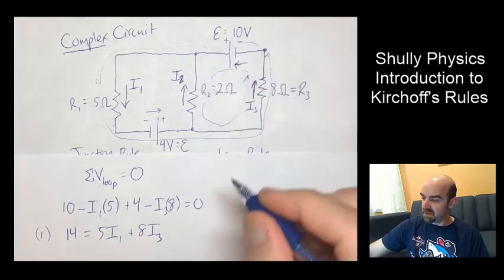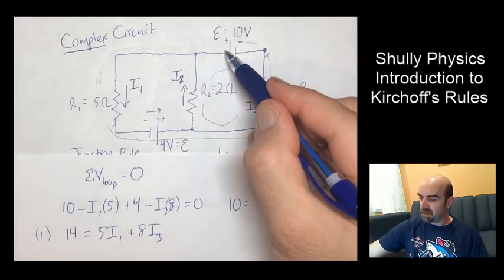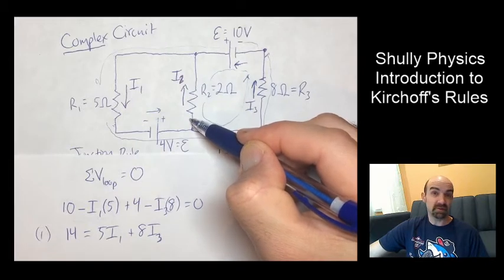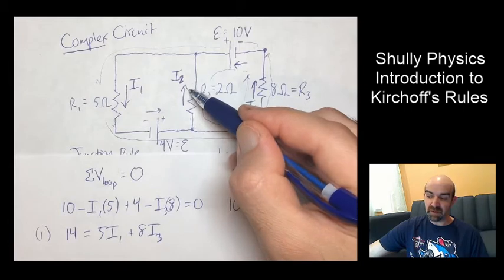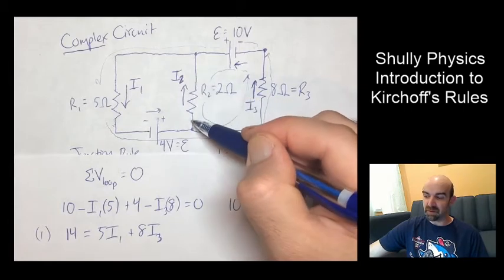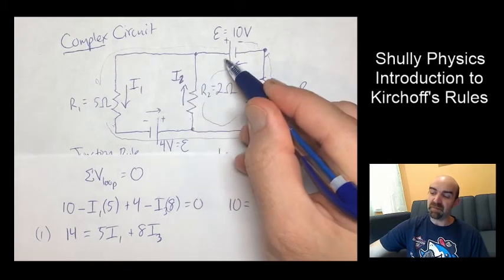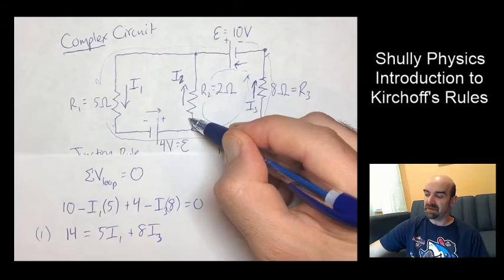There's going to be a positive 10 here. And now in this loop, I'm going to go against my established direction of current. So if this direction is correct, if I start here and go to this point, there should be a negative change going up, but my loop is taking me down across R2. So there's going to be a positive change.